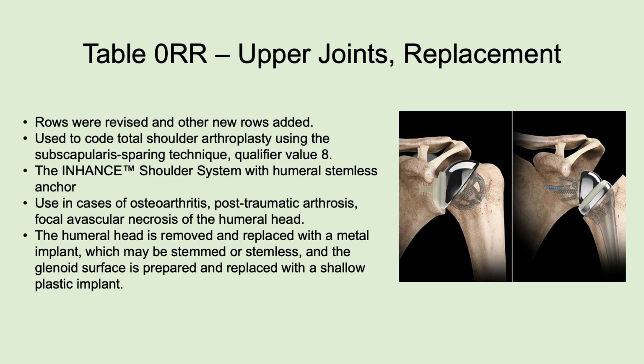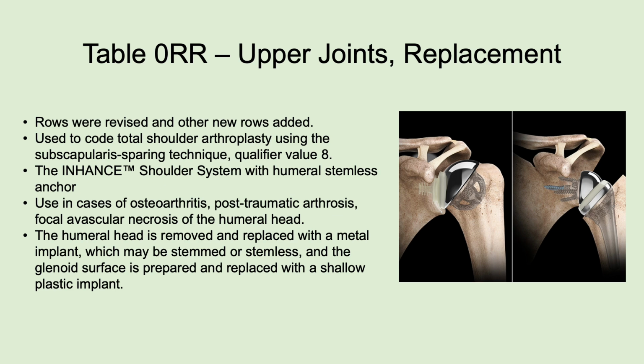Okay, so let's look at table 0RR, upper joints replacement. Some rows were revised and other new rows added. So this is used to code a total shoulder arthroplasty using the subscapularis sparing technique. It's qualifier value 8. So this is for a specific product, a specific methodology called the Enhanced Shoulder System with humeral stemless anchor.